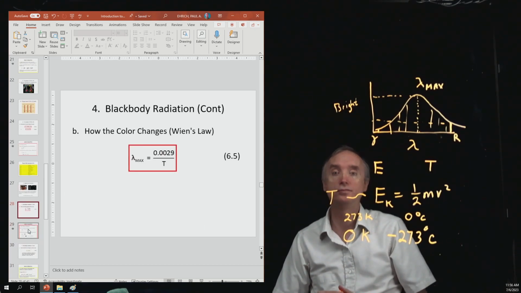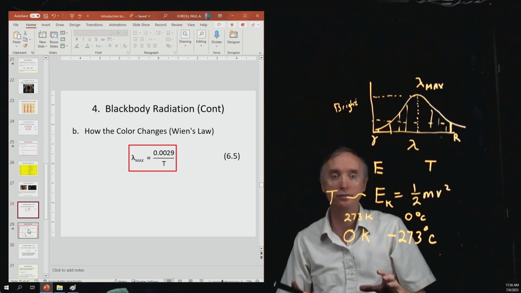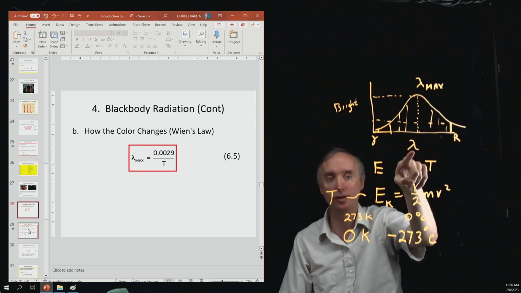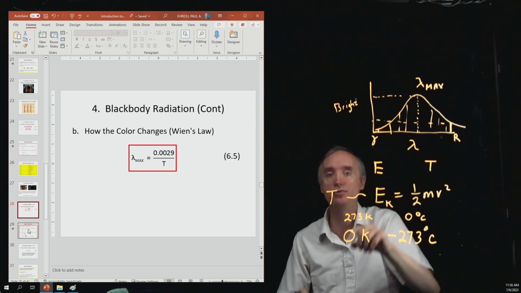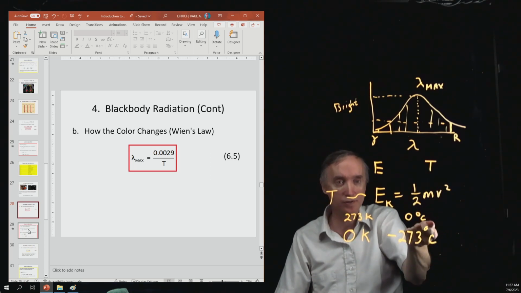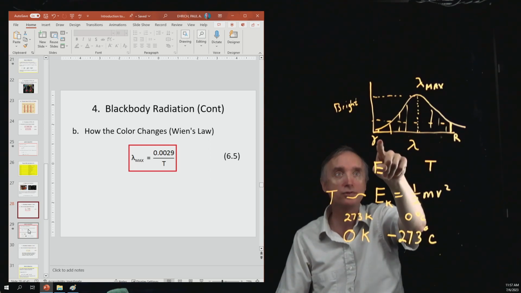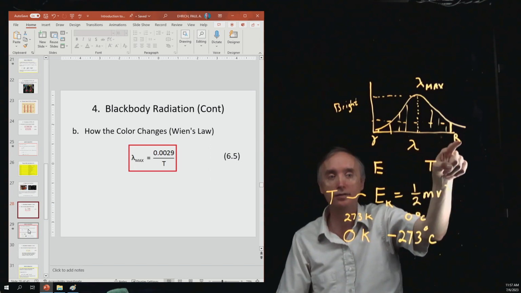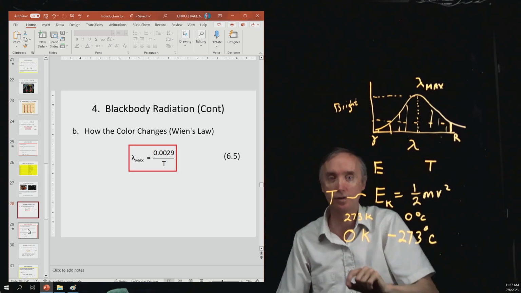Okay, so how does the color, and now when I say the word color, how does the wavelength change as you change the temperature of the object? So if it's a stovetop, as we increase the temperature, what happens to the color of the light? What happens to the wavelength of the light?